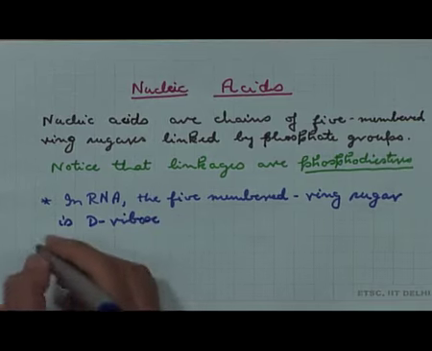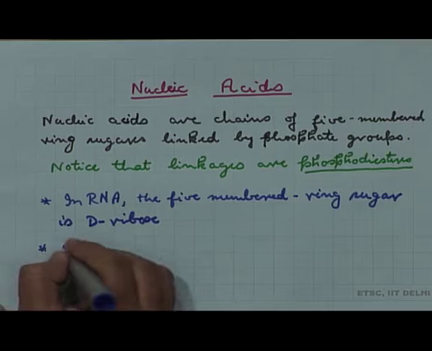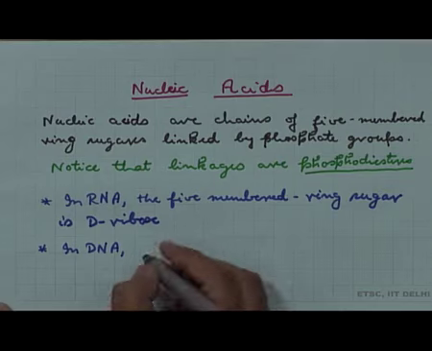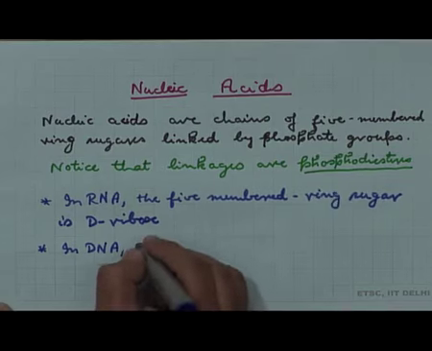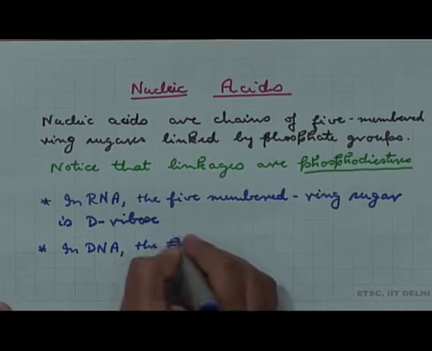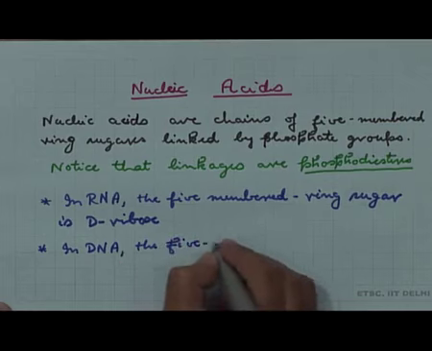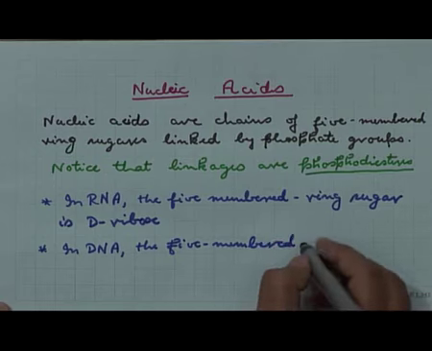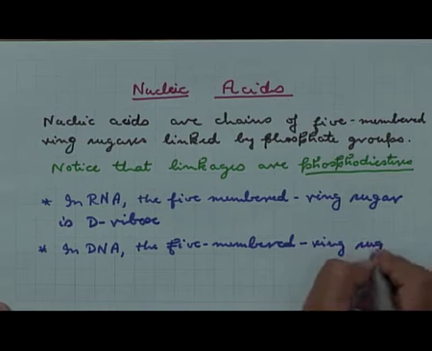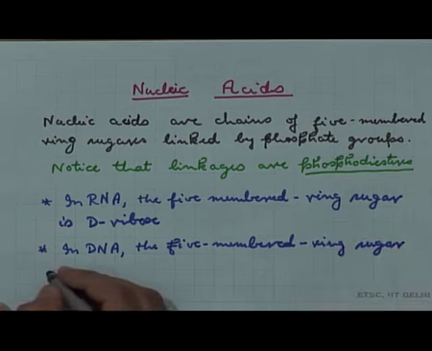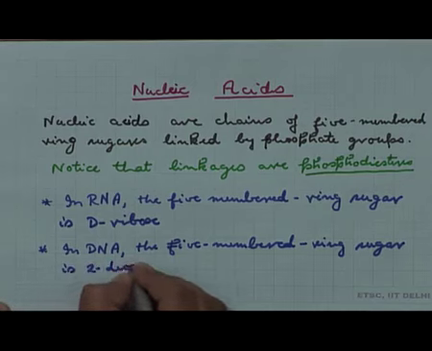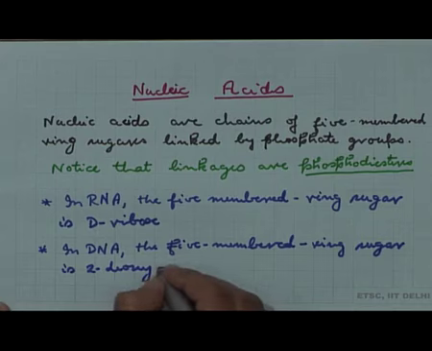In DNA, the 5-membered ring sugar is 2-deoxy-D-ribose.